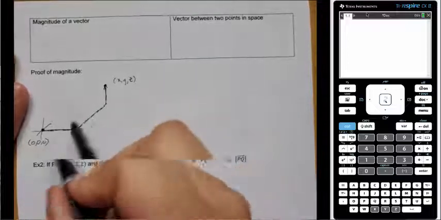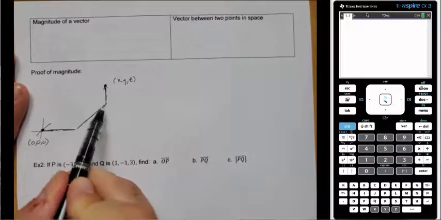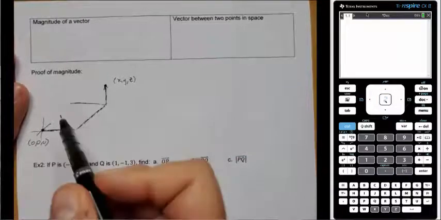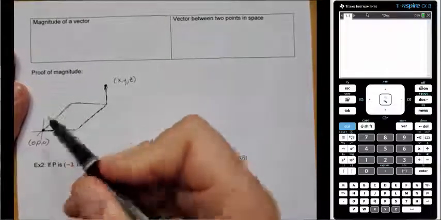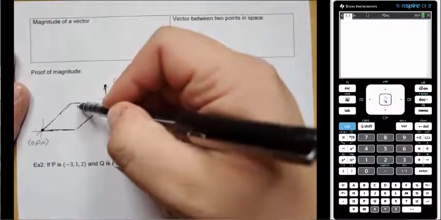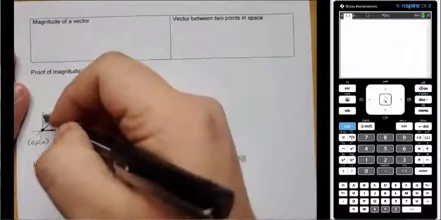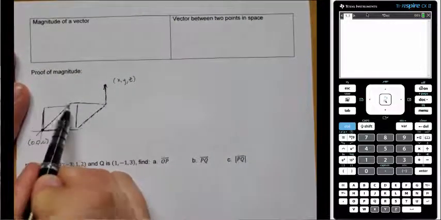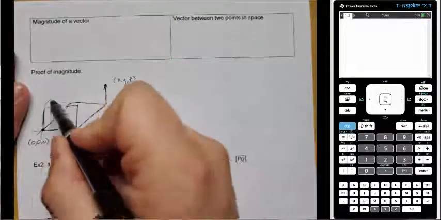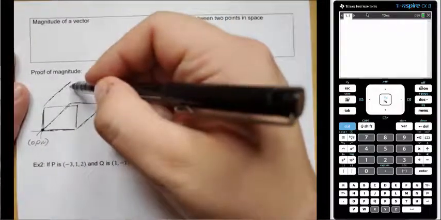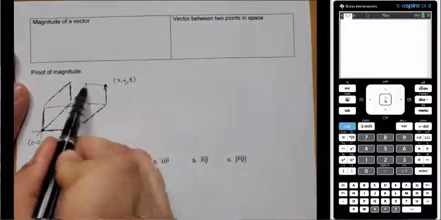And if you imagine what we just made here, I think you can think of this as like we've actually built kind of like following the diagonal of a cube, or let's call it a rectangular prism.